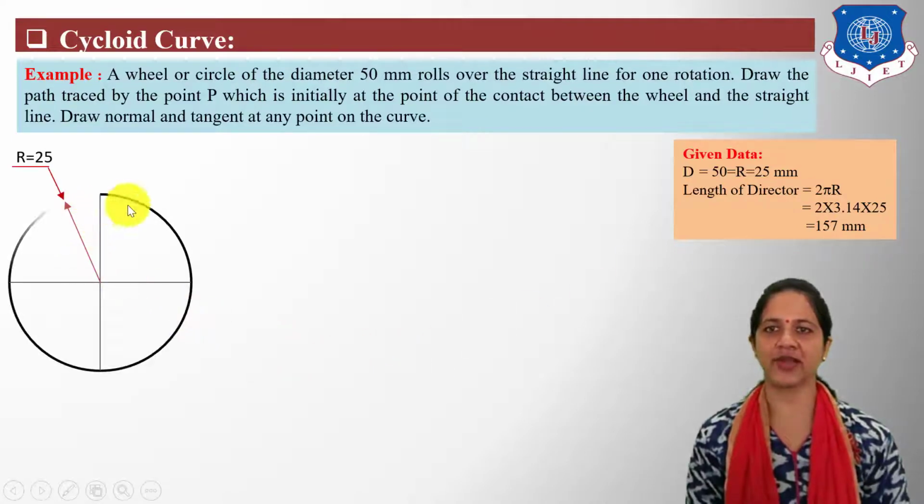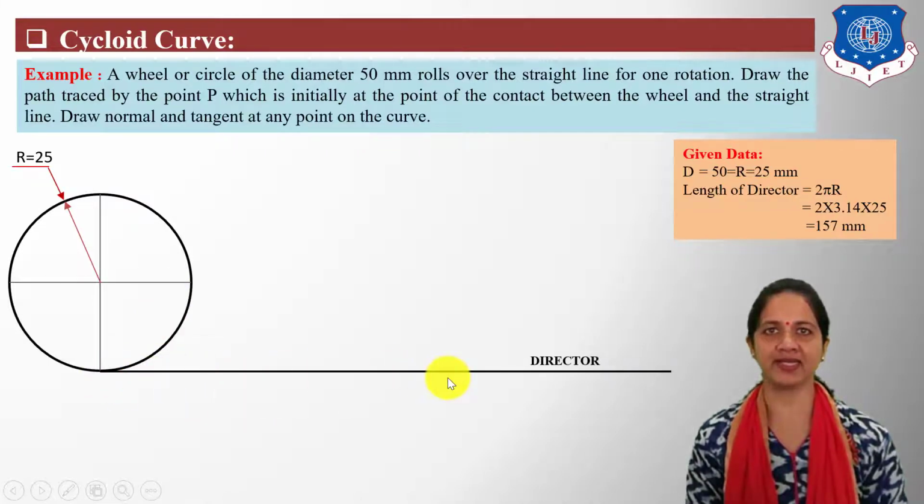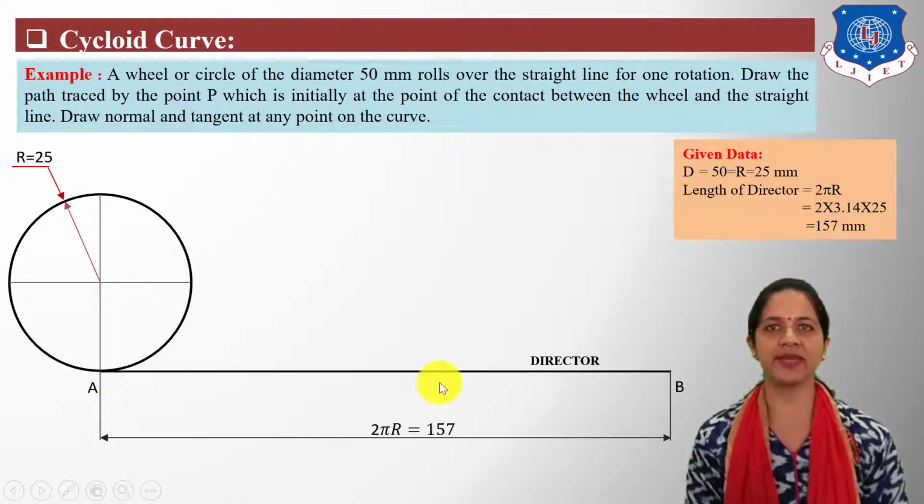First draw 25 mm radius rolling circle. Next draw director or straight line from bottom point of rolling circle. Take length of director is equal to 2 pi r is equal to 157 mm.